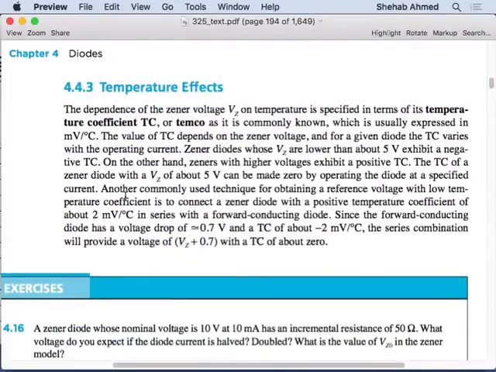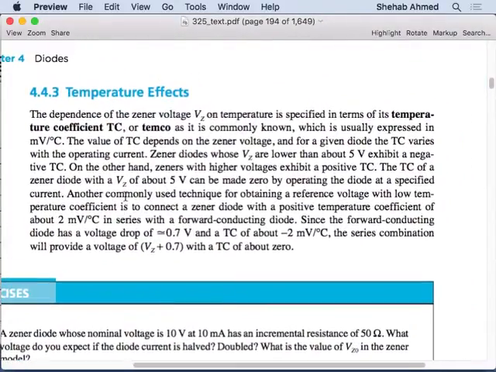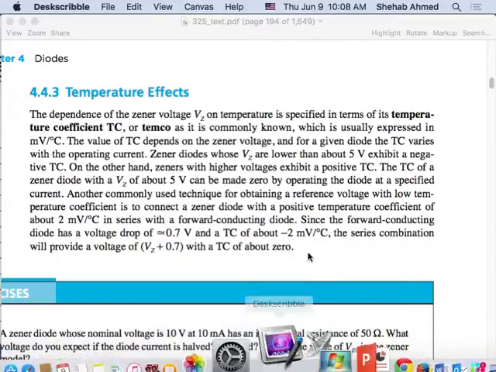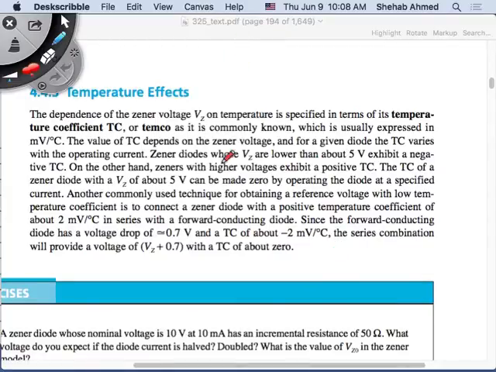And again, it's a diode, so temperature does have an effect. You remember all the mobility, holes, electrons moving, so temperature has an effect. Low voltage Zener diodes happen to have what is called a positive temperature coefficient, meaning their voltage increases with temperature.